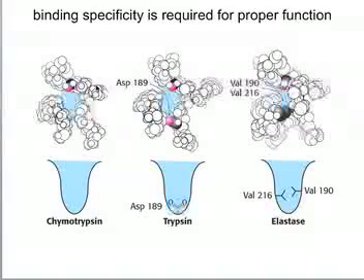We see again here chymotrypsin: deep hydrophobic pocket. We see in trypsin a pocket that has at its base an acid residue, so we switch up the chemistry of the active site in that way. And then in elastase, what we see is that we've closed the pocket off with a couple of large hydrophobic residues. So simple changes to that binding pocket change the specificity of the enzyme for substrate, although we don't change the activity, right? We're still cleaving that same peptide bond.